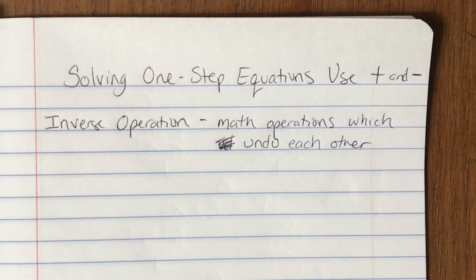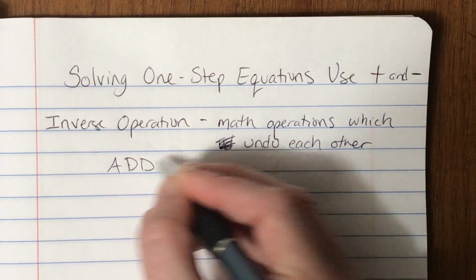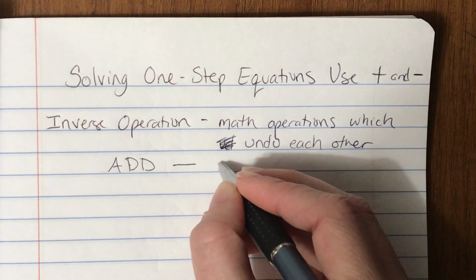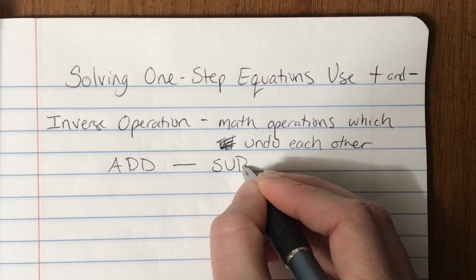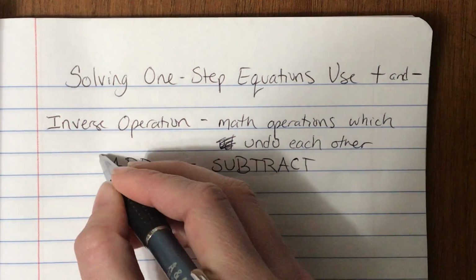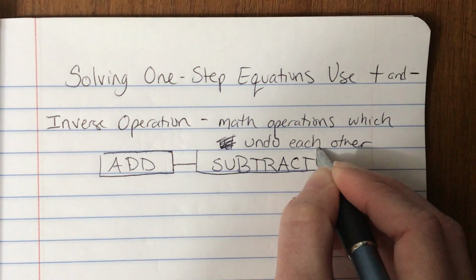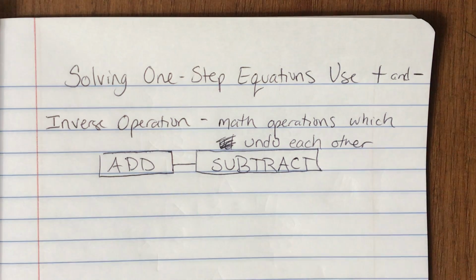Addition and subtraction are two of those. So if we add, the inverse of that is to subtract. We're going to keep that in mind: addition is the inverse of subtraction, and subtraction is the inverse of addition.